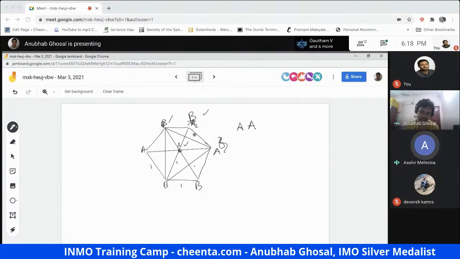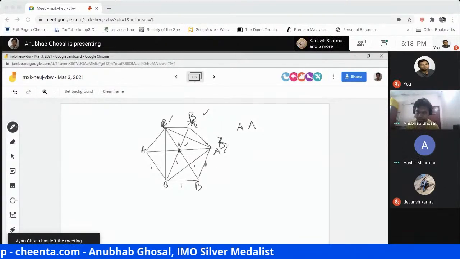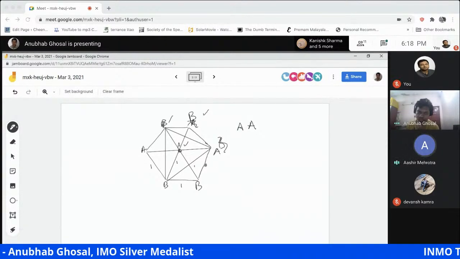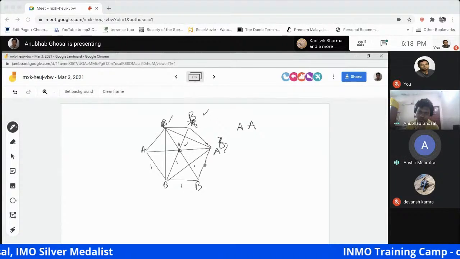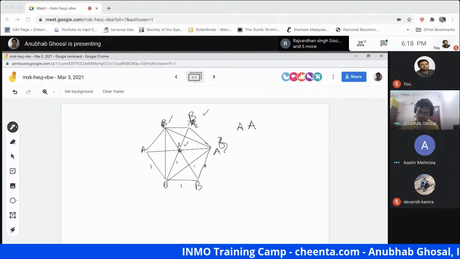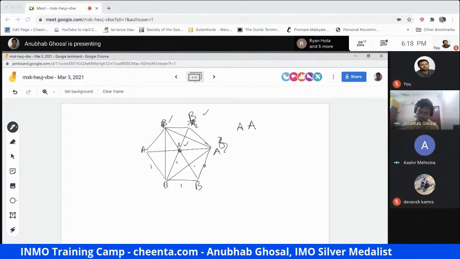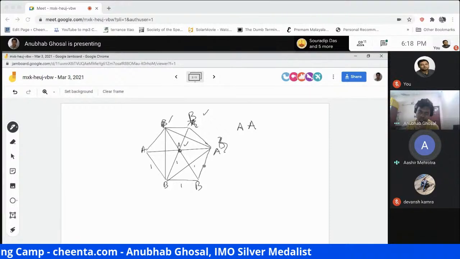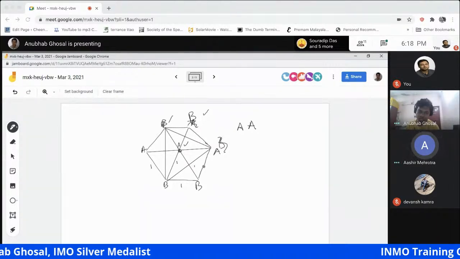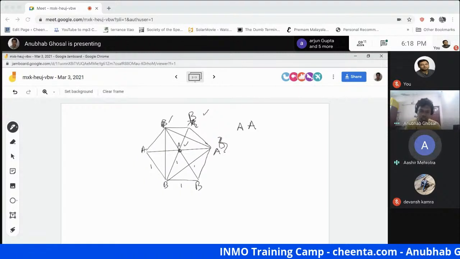So what we need to prove is that in a cyclic string of A's and B's, where you can't have two consecutive A's, I can choose B's that are not consecutive, B's with one letter in between.